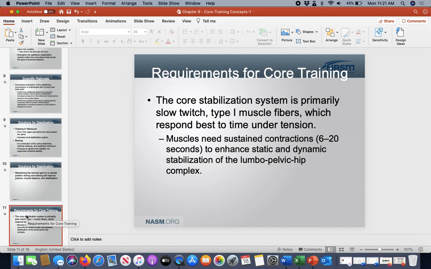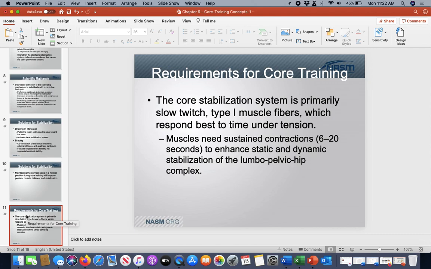Okay. So what we're saying here with core training is that we want proper stabilization so that we can help our movement system work effectively. Now, interestingly enough, you might think that your core region, or your abdominal region in particular, is very explosive. Well, that's not necessarily the case. Type 1 musculature is pretty rampant throughout the core stabilization system. Why? Because it can handle long duration contraction.